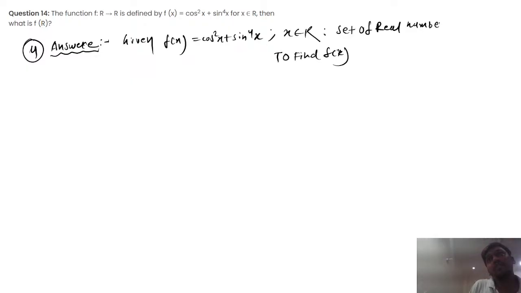Done. Okay, are you able to visualize how we can proceed in this question? This can come in 4 to 5 marks. This is 4 marks. 4 marks is good. Try. How do we proceed in this question?